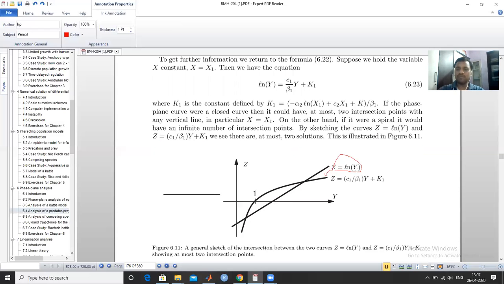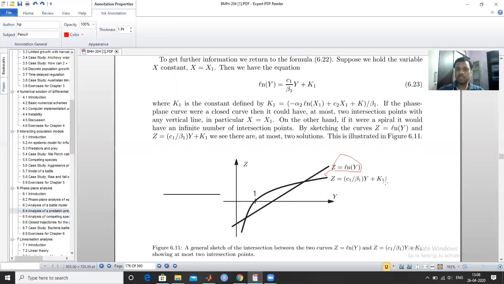You can check if y is equal to infinity, then z is infinity, and if y is equal to 0, then z goes to minus infinity, and if y is equal to 1, then z is equal to 0. So at y is equal to 1, it cuts the horizontal axis. And what is this?